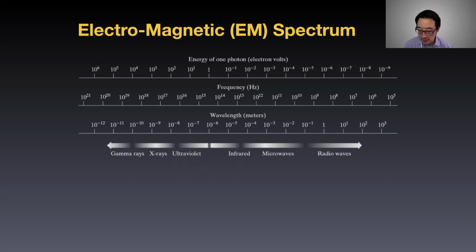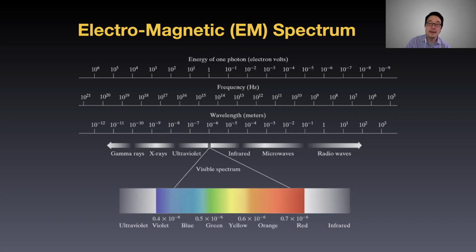And if we zoom in just on this tiny piece here, this little bit in between the infrared and the ultraviolet, that is the visible spectrum of light. That's the energy that we can see. And you can see if we zoom in on that, that spreads out across here a range of different wavelengths, right?